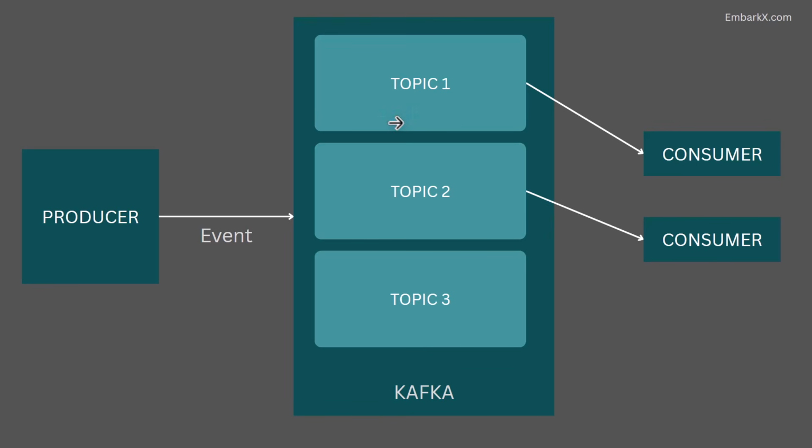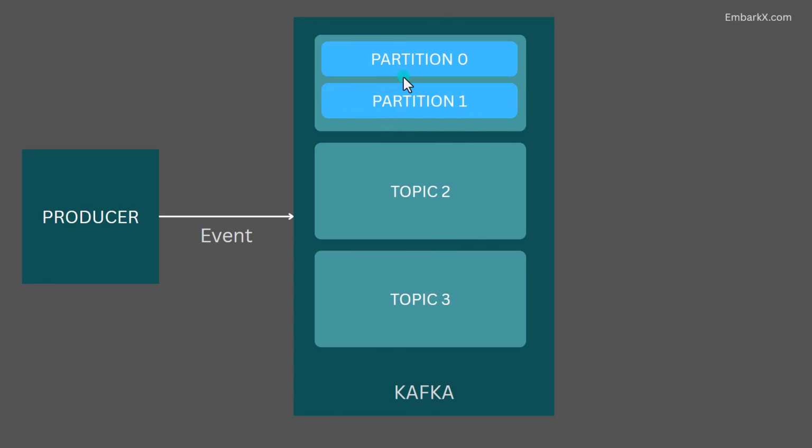So within topics, you also have the concept of partitions. You can have partition 0, partition 1. They will do further segregation within the topic itself. For example, if you have this topic order, you can have sub partitions, like partitions within topics, so that different consumers can subscribe or listen to these partitions and then do the processing.